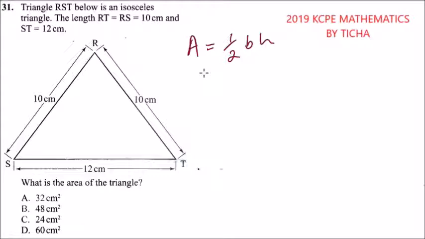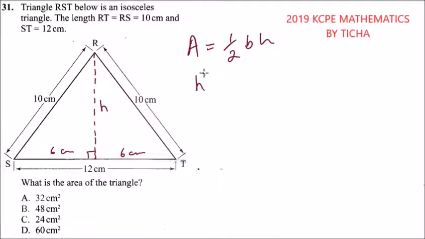So if you drop a perpendicular here, the height here, it will divide 12 by 2. We call it the perpendicular bisector, and that is the height. So this is angle 90. It means this is 6 centimeters and this is 6 centimeters. Now we can use the measurements to get the height using the Pythagoras theorem.